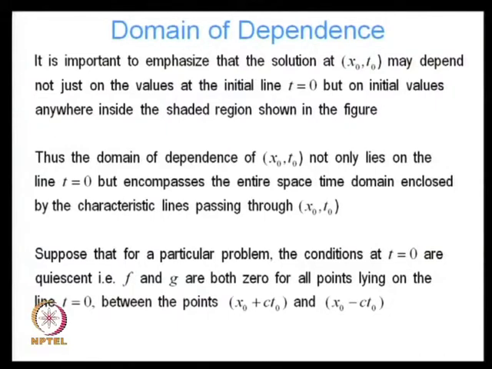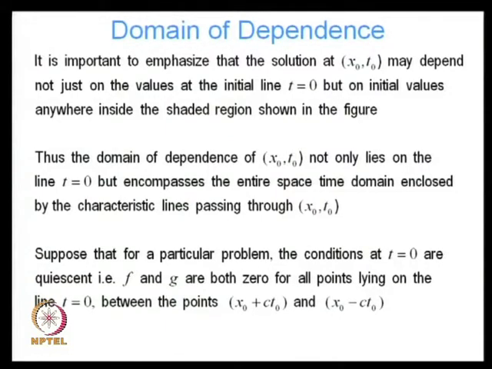Suppose that for a particular problem I have quiescent initial conditions. What does quiescent initial condition mean? That I do not give any initial displacement, any initial velocity, right. f and g are both 0 for all points lying between x0 minus ct0 and x0 plus ct0.